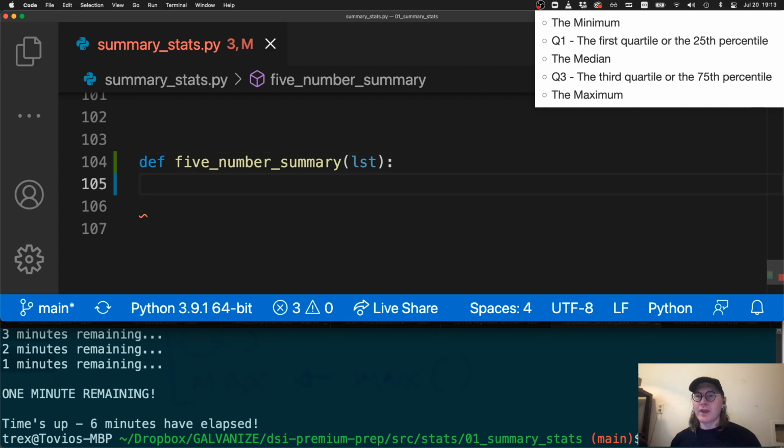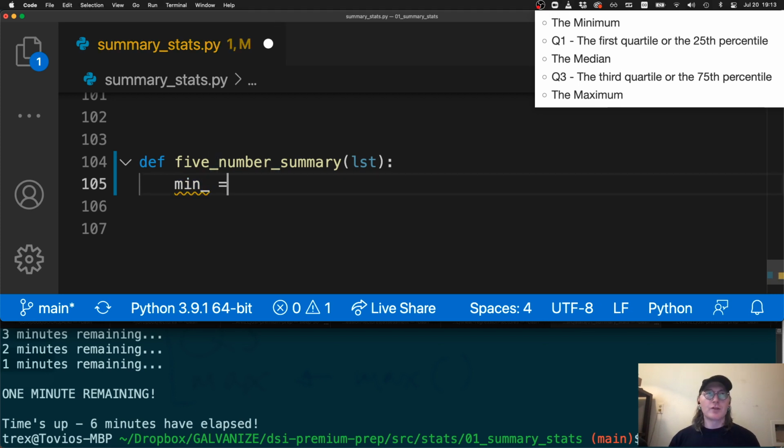What do we know we can get offhand? We know we can get the minimum, the maximum, and the median. So I can call this min. Notice I'm doing min underscore. The reason is that min itself is a function, a reserved word, and I don't want to call this min like that. That's sort of an issue. So I'm doing min underscore.